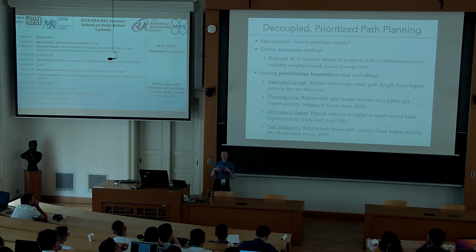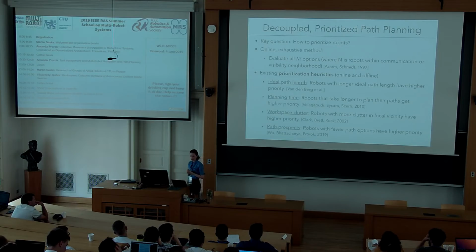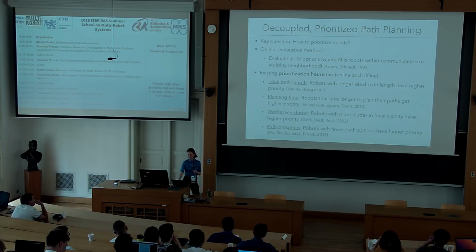If a robot spent a long time trying to figure out what path leads it to its goal, this might represent its difficulty of finding a feasible path plan, and hence that robot might need to be prioritized. Or workspace clutter. You could count the number of objects in a robot's environment to help you prioritize. Or something which we proposed very recently, which we're calling path prospects, which also prioritizes robots that have the least possible options to reach their goal locations.